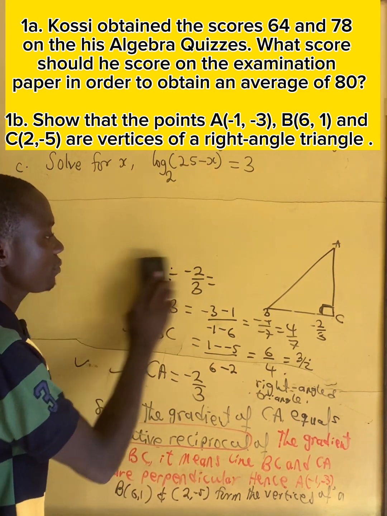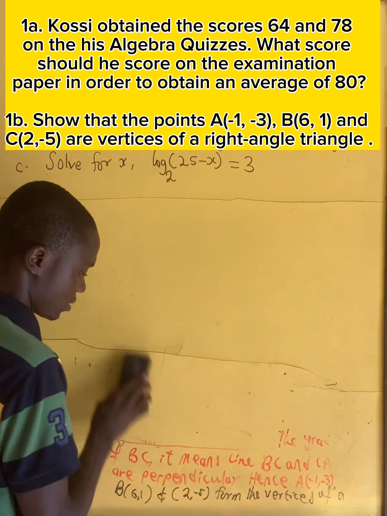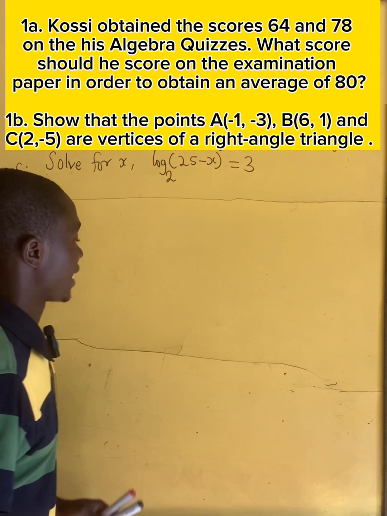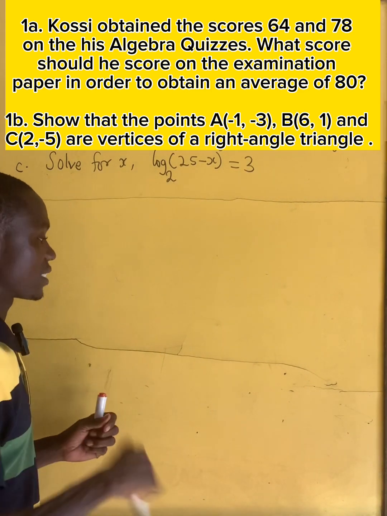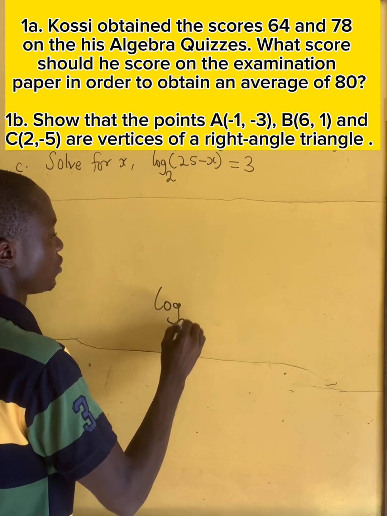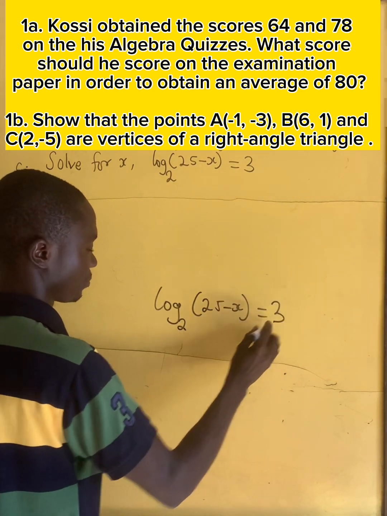Okay. Now, let's look at the last question. The last question is just a minute. We have log base 2 of 25 minus x equals 3.